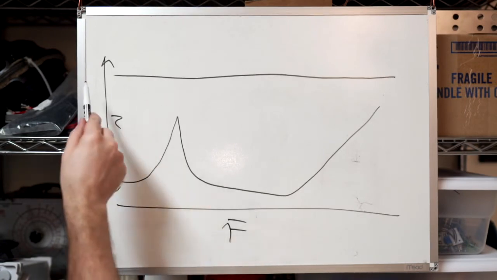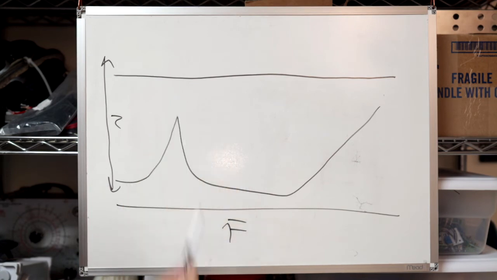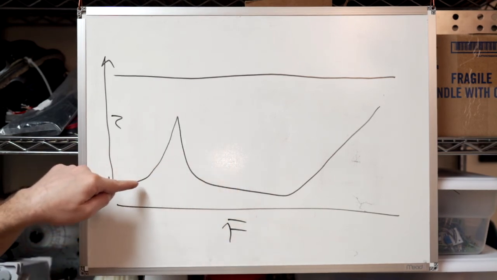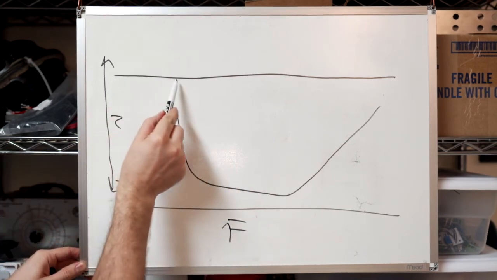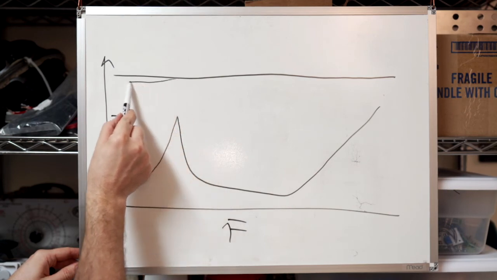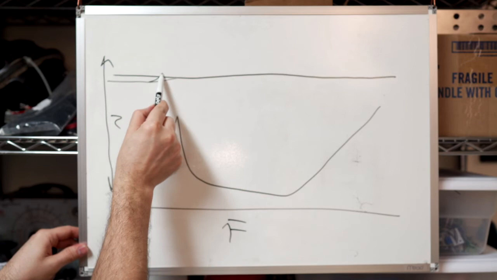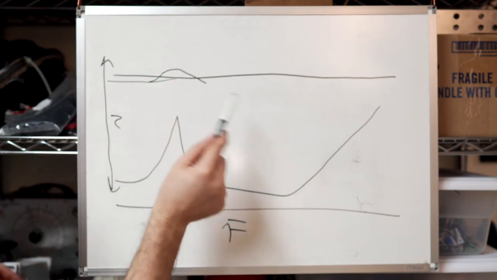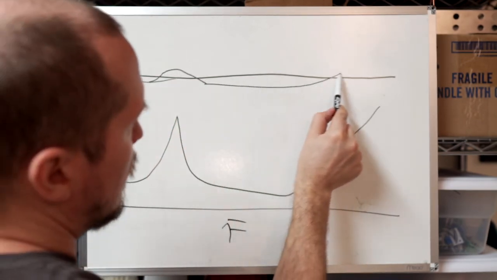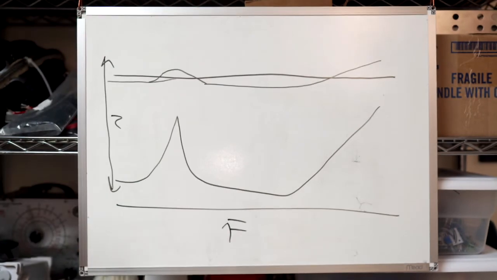If you have a high output impedance amplifier, when the impedance is low, you get a little bit of a dip in frequency response, and when the impedance is high, you get a bump. So you might have a new frequency response for your speaker that looks kind of like this, exaggerated more or less by the output impedance of your amplifier.